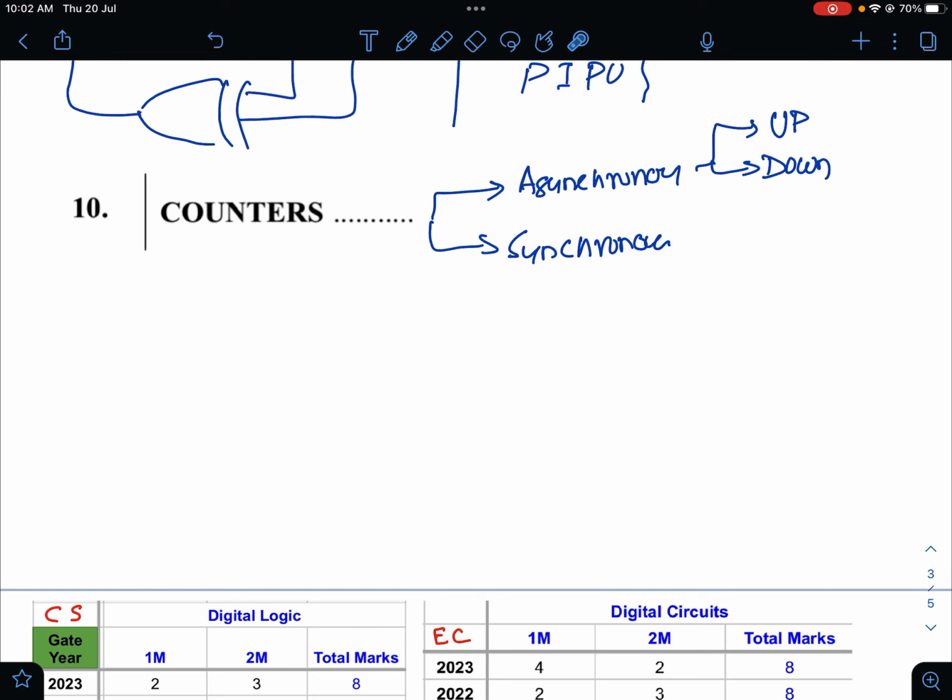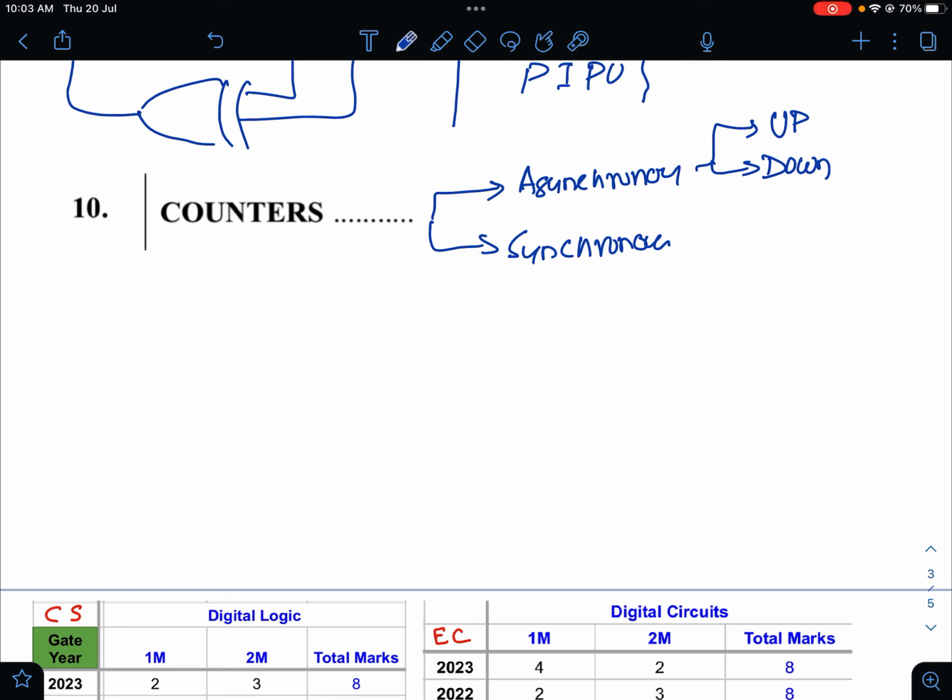Or they'll be asking, for a counter whose present state is 101, after 200 clock pulses, what is the state? One model of question is to identify the up circuit, down circuit. And for up and down counters, how does the frequency of the flip-flop relate to the clock frequency, and how does the delay of the flip-flop relate to the clock frequency? Such models of questions come in the asynchronous counter.